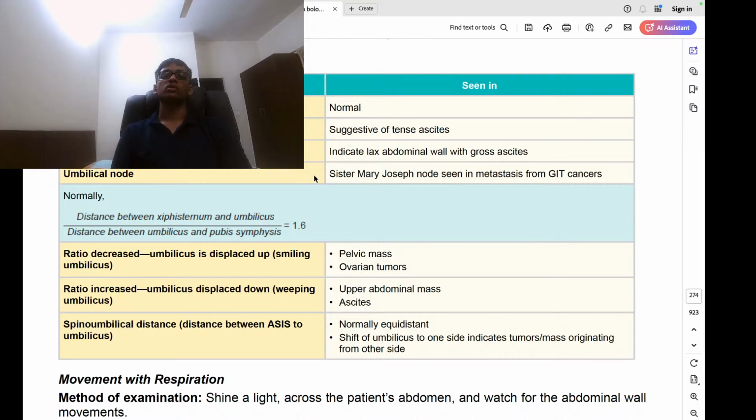If the ratio is decreased, the umbilicus is displaced up. Smiling umbilicus is a pelvic mass. If the ratio is increased, the umbilicus is displaced down. Weeping umbilicus is an upper abdominal mass and ascites. Spinoumbilical distance, from ASIS to the umbilicus, is normally equidistant. Shift of the umbilicus to one side indicates tumor or mass originating from the other side.